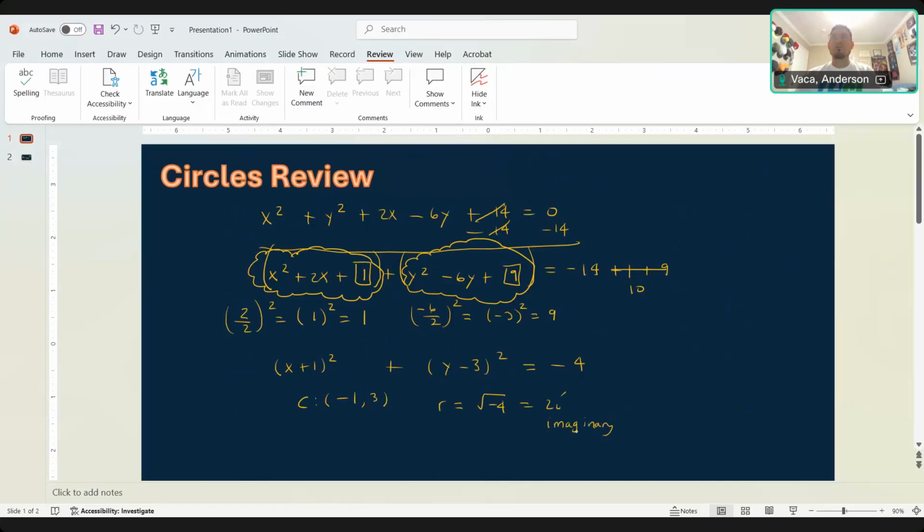How can a circle have an imaginary radius? That makes no sense. So therefore, it implies that this graph does not exist in the rectangular coordinate system.